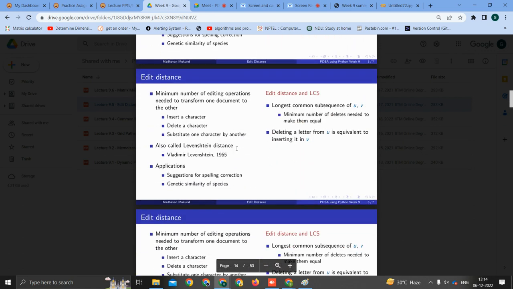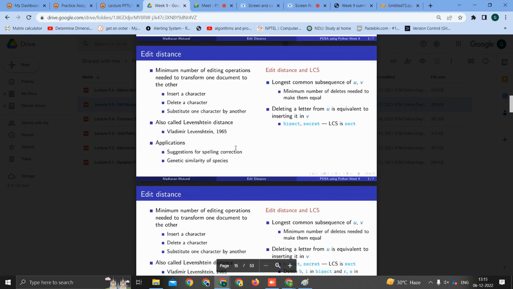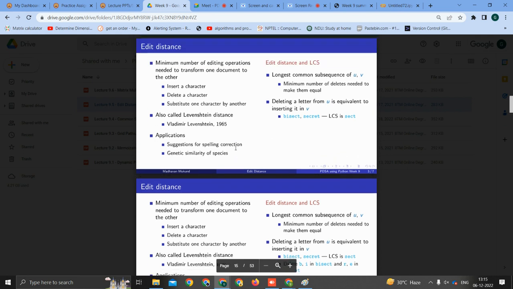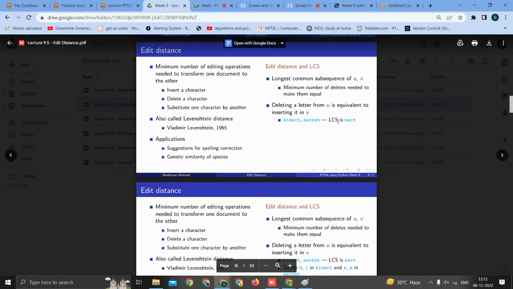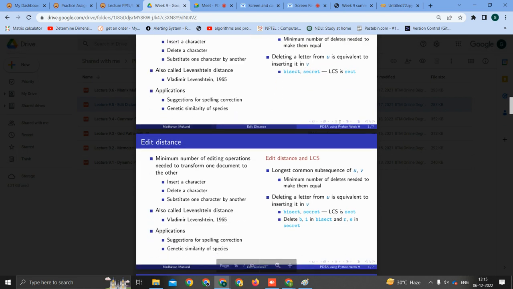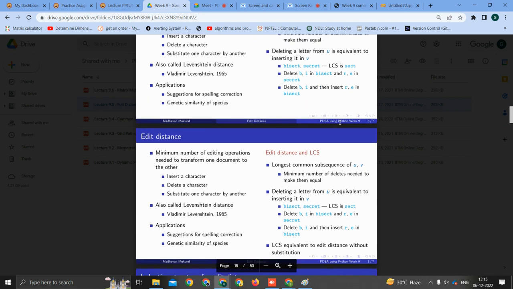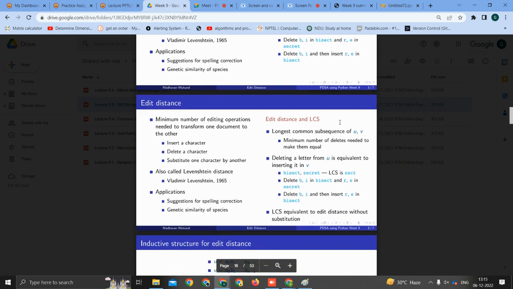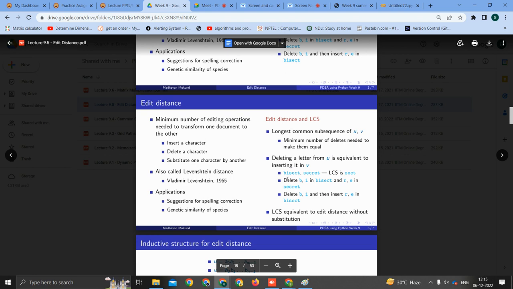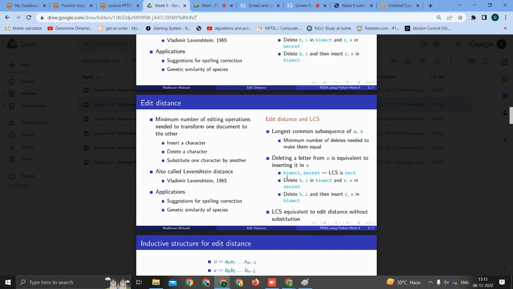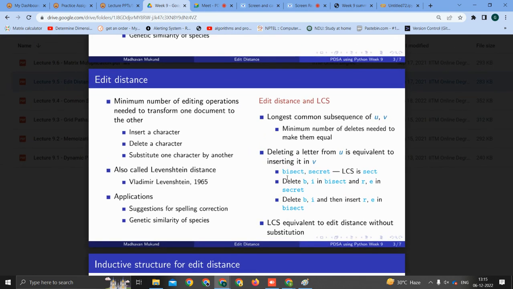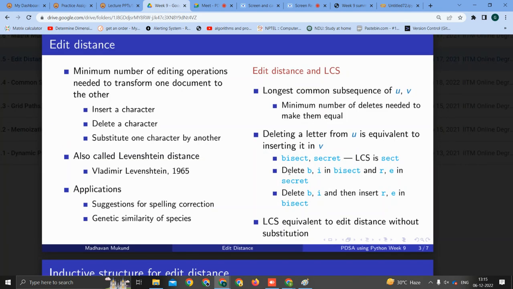We'll find a bisect and secret. So what is happening here? Can someone tell? Bisect and secret.